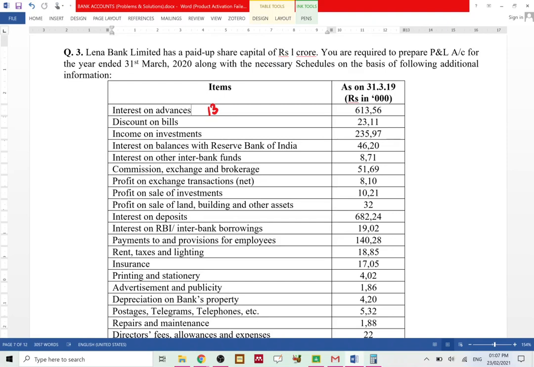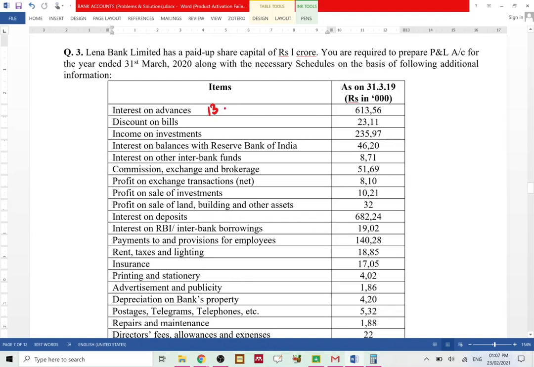Now discount on bills. First you tell me whether it's an income or expenditure. Discount on bills. Is it income or is it expenditure? Please unmute yourself and you can speak, students. I would not go to the chat again and again. It's income. Very good.